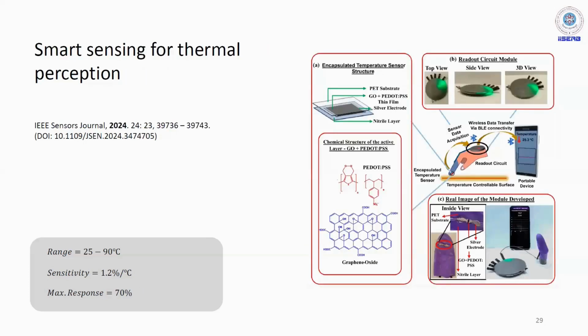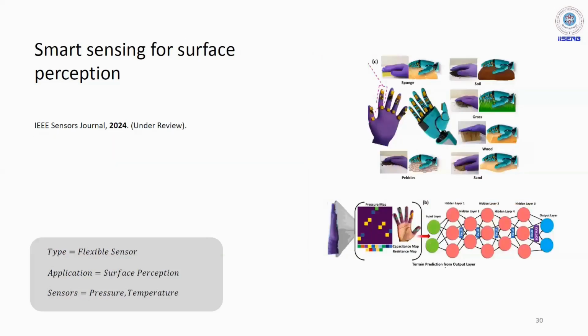We also develop smart sensing for thermal perception. So we are developing sensors, integrating these with different gloves to make them smarter, so that the gloves or robotic system can touch something and get a thermal perception of a particular object. In that line, we are also working in the area of smart sensing for surface perception.